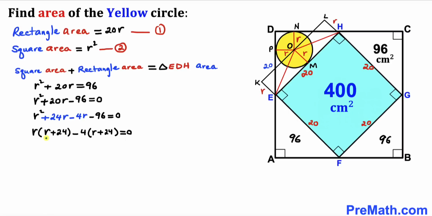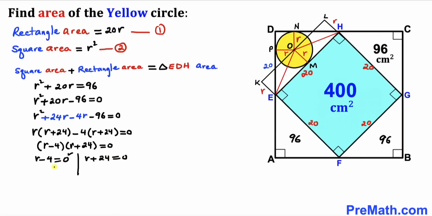And now we can see we have r plus 24 in common and r plus 24 over here as well. So this could be written as r minus 4 times r plus 24 equal to 0. Let's go ahead and set them equal to 0 separately. So we got r minus 4 equal to 0, and the other one is r plus 24 equal to 0.